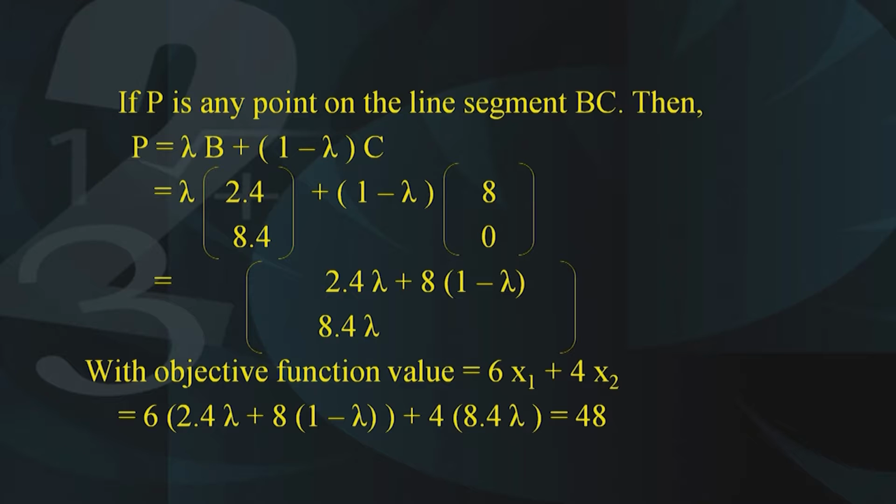If the value of lambda is 0, then the point P is nothing but the point C, whereas if lambda is equal to 1, then the point P is nothing but the point B. And for all values of lambda lying between 0 and 1, you will get all points lying on the line segment B and C. This indicates that not only the points B and C, but also all the points lying on the line segment B and C are solutions to the LP, because they have objective function value 48.